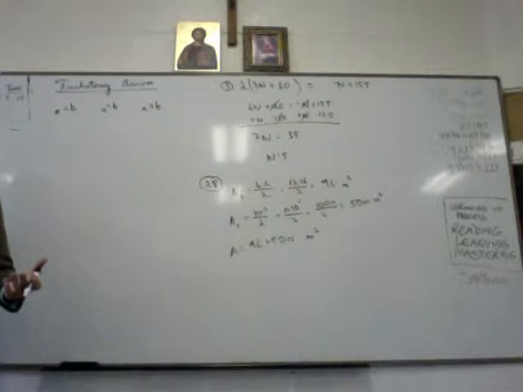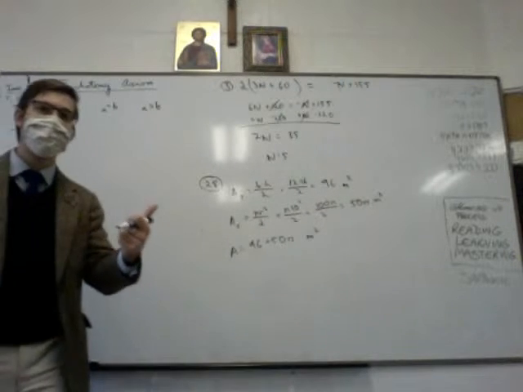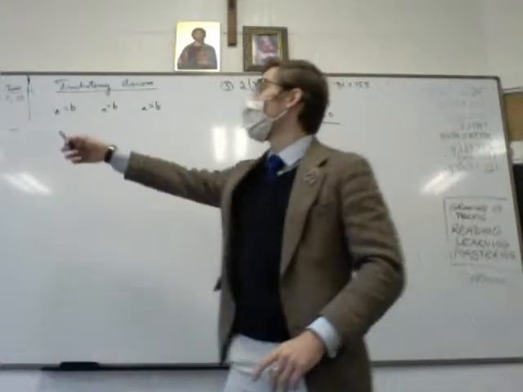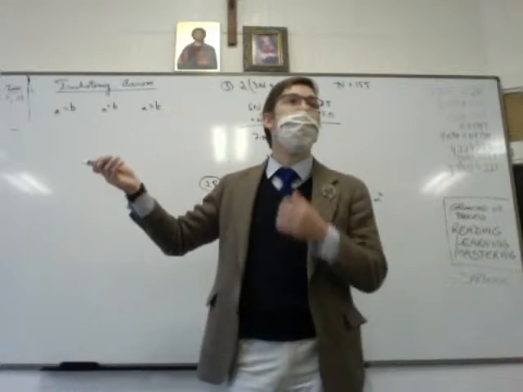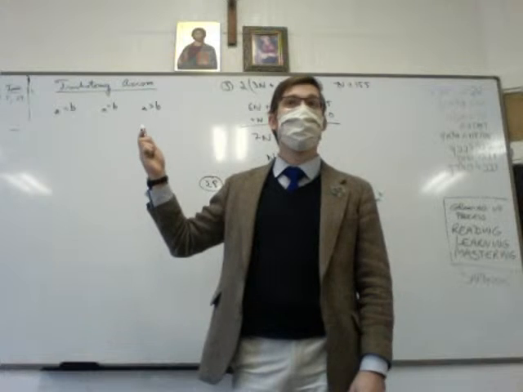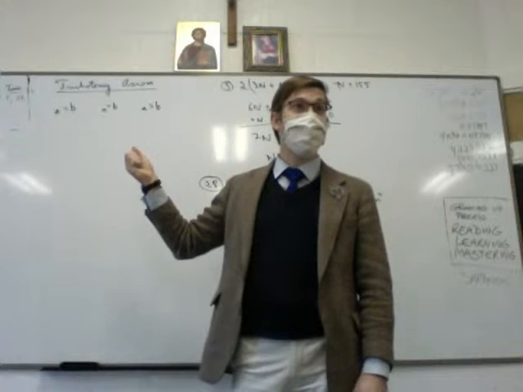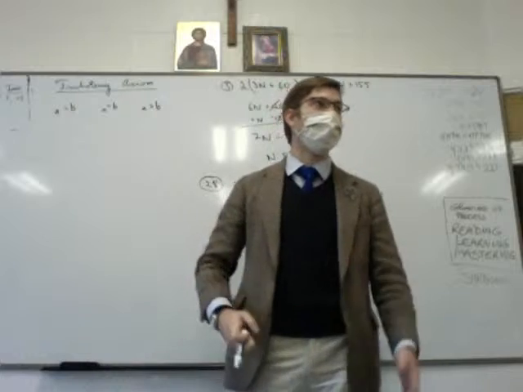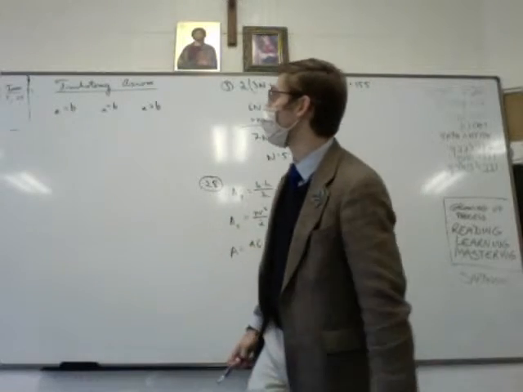Any two real numbers, either they're equal to each other or they're not. And if they're not equal, one of them has to be greater than the other. There are no other options. Does this make sense? Okay, you can't really prove this. It's just a fact about the way these things work. That's why it's called an axiom.